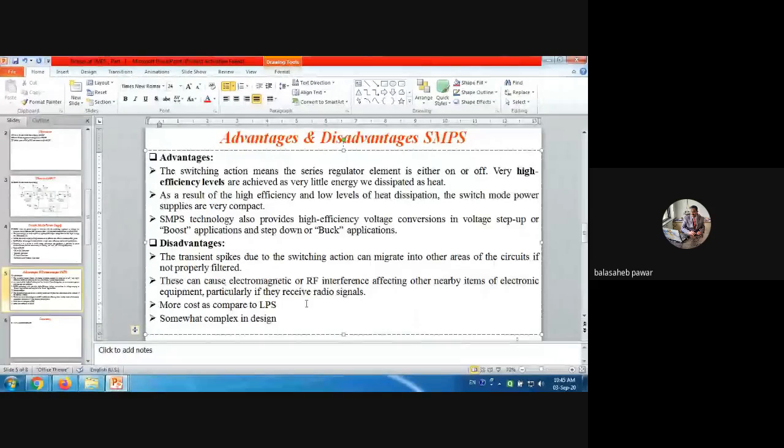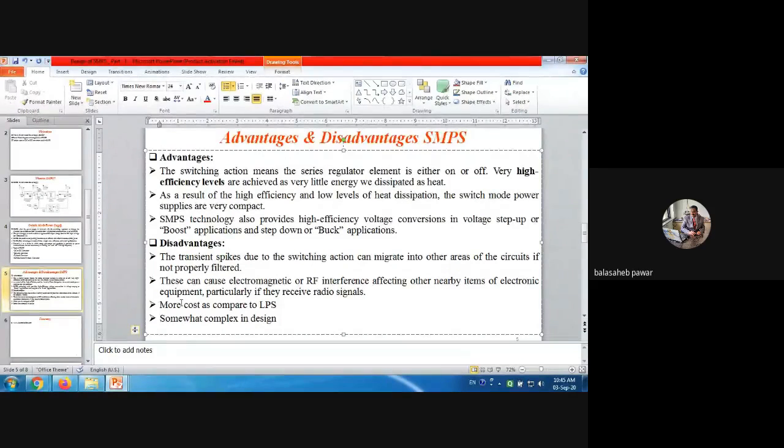Then the next disadvantage, we can't actually say this is a disadvantage, but whenever we compare with LPS, we should think about the cost also. We observed so many things: at the first stage, high voltage rectification, then the switch, then the switching element for that switch, that is nothing but the PWM generator, then feedback, then the high frequency transformer, and again at the output side, rectification as well as filtration by inductor and capacitor.